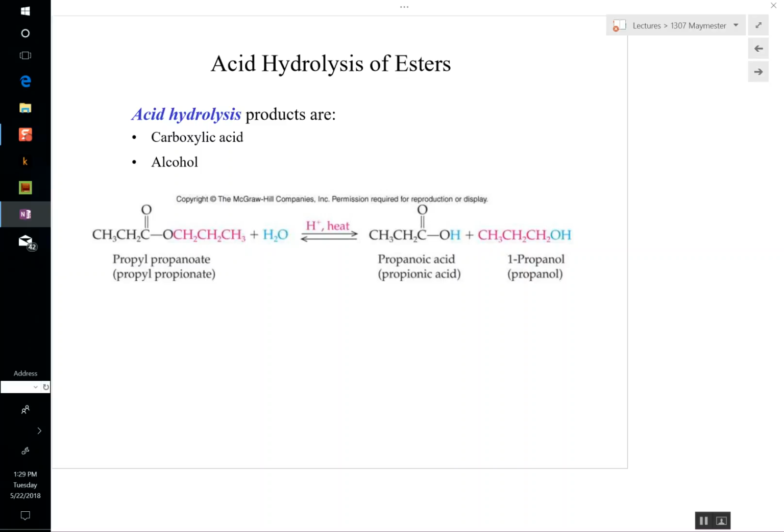And it's going to break this bond. It's going to insert this water molecule in here. Here's our H2O in blue. We're going to get an H on the propanoate and form the carboxylic acid. We're going to get an OH on the propyl and form the alcohol. Acid hydrolysis of an ester.